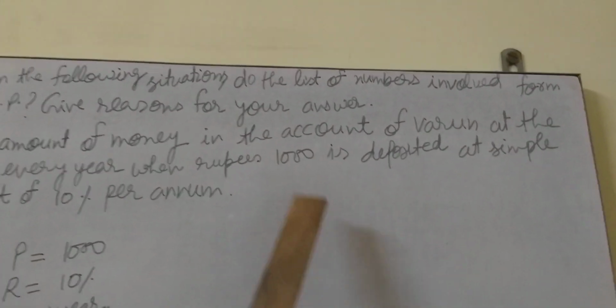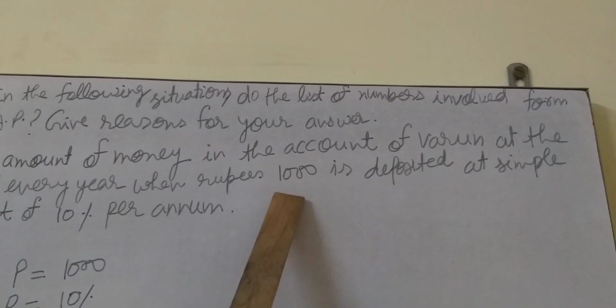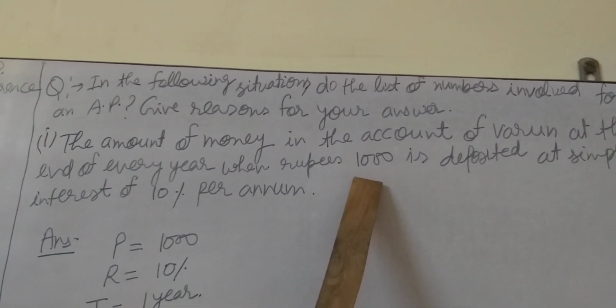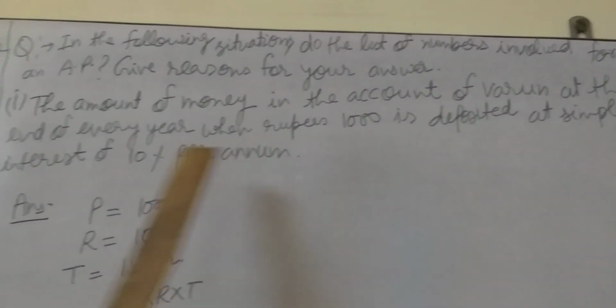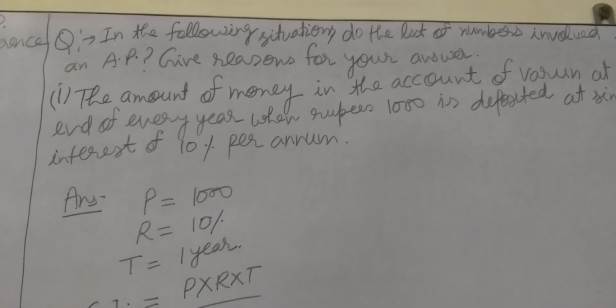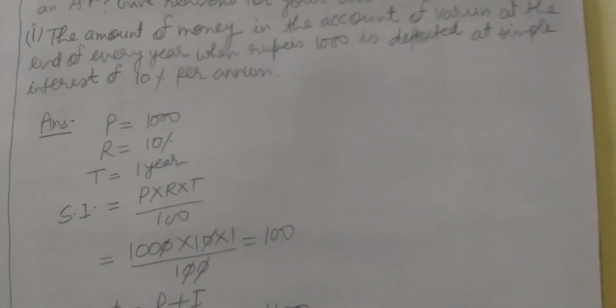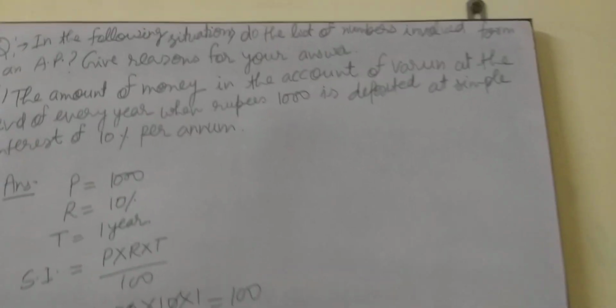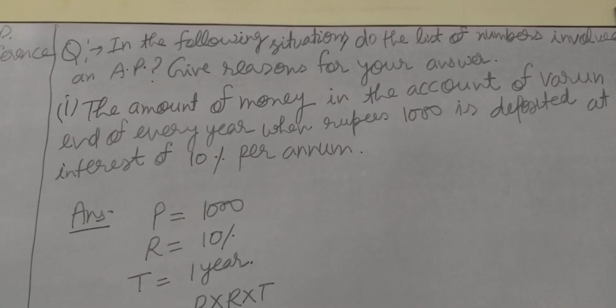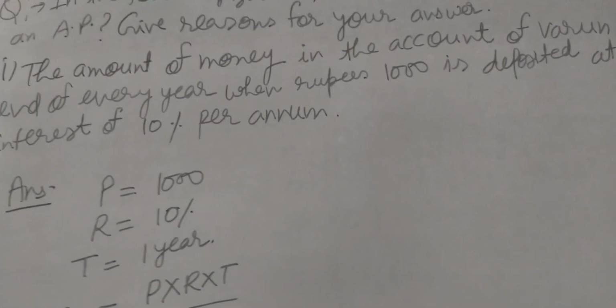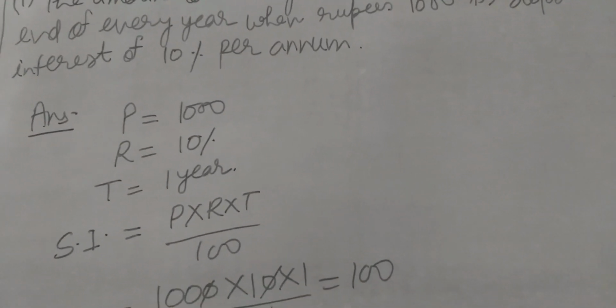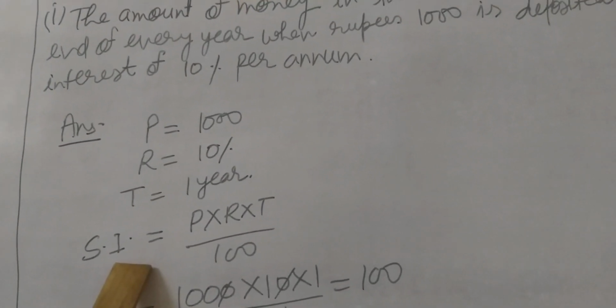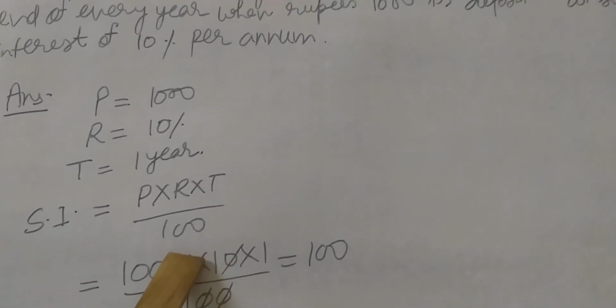Now students, principal is given, 1,000, and simple interest is given, 10% per annum. We have to find out the sequence of amount, students. So let us find out simple interest. Simple interest formula: principal into rate into time upon 100.